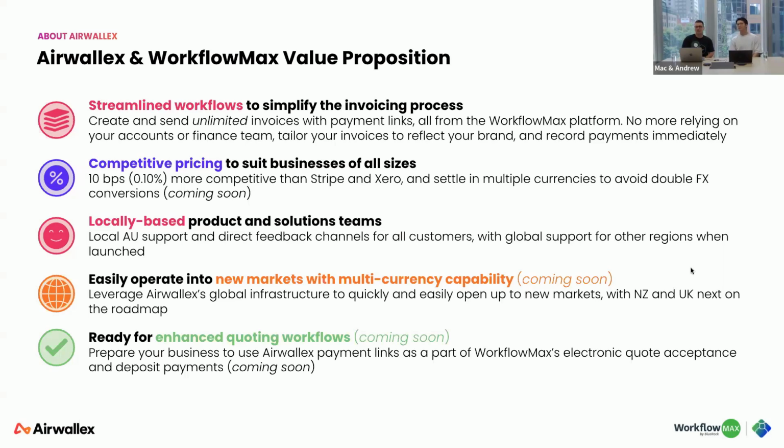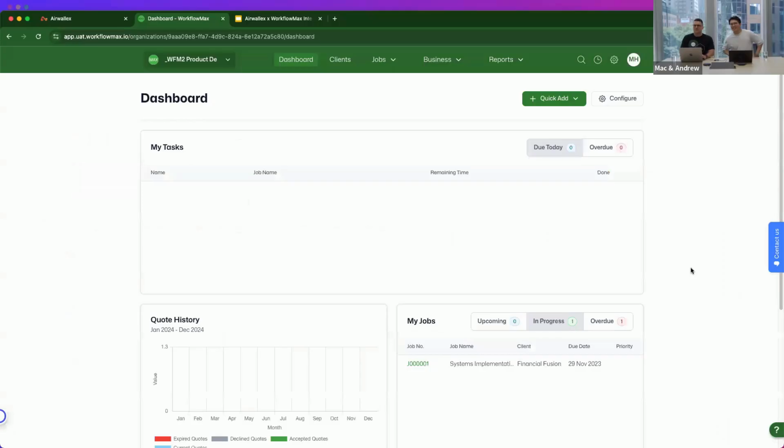All right, so perhaps then we can jump into a demo. Demo time, let's go. So this will look familiar, I think, for a lot of WorkflowMax customers, landing on a dashboard. Today we'll run through the setup process and show how simple it is. I think it's less than 10 clicks to set up that integration with Airwallex, which is really exciting, nice and simple.